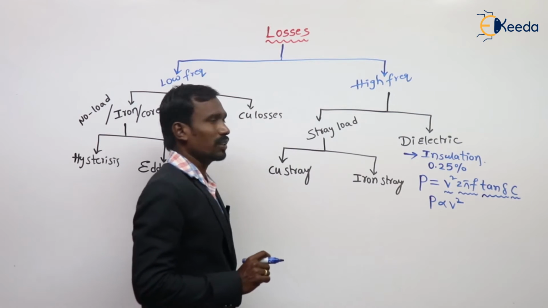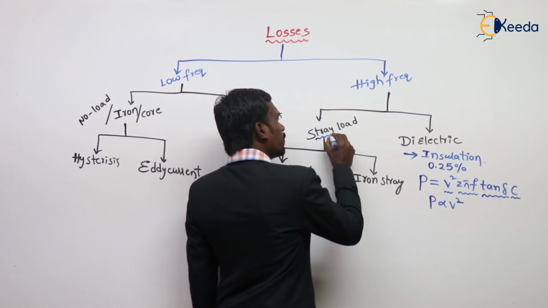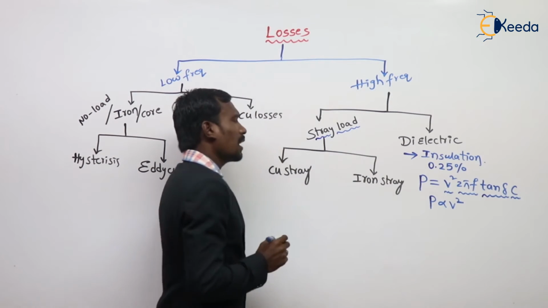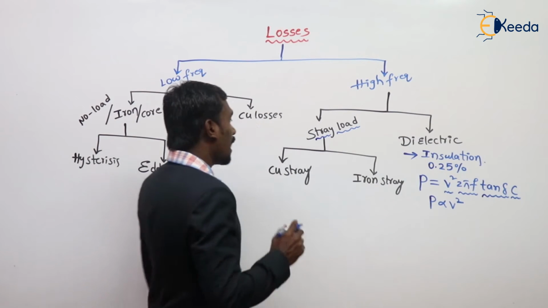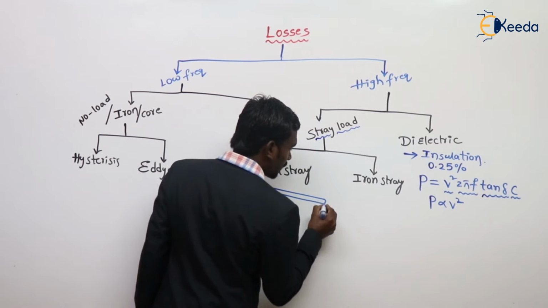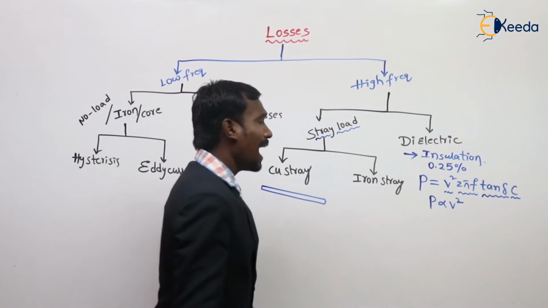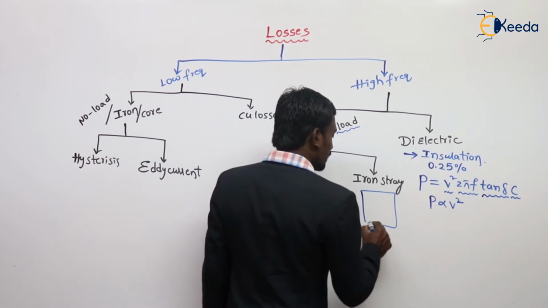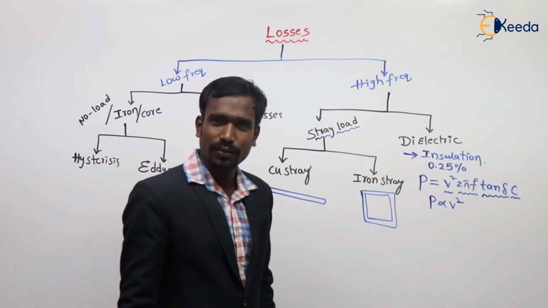Next, stray load losses. These stray load losses are mainly of two types: copper stray load losses and iron stray load losses. Copper stray load losses take place in the copper, nothing but in our winding. And iron stray load losses take place in the iron, nothing but the core, steel.